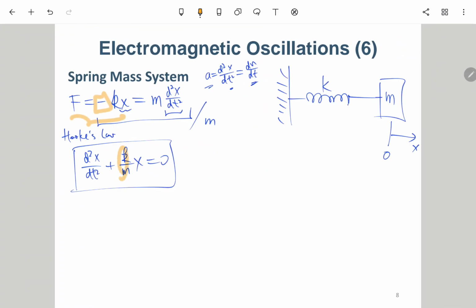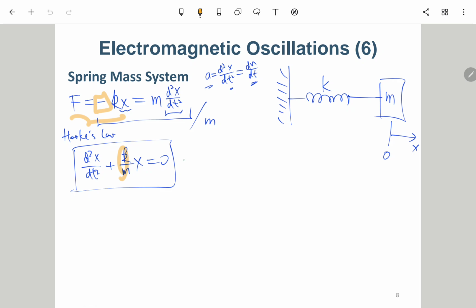But actually they are somehow the same, a second order constant coefficient ODE. So many of the equations can be shared by just changing something like LC to be m over k, something like that.